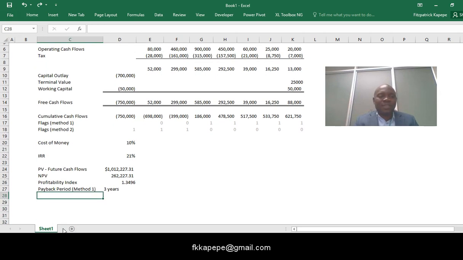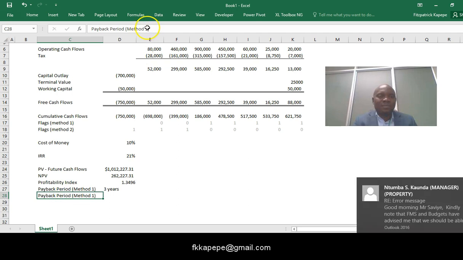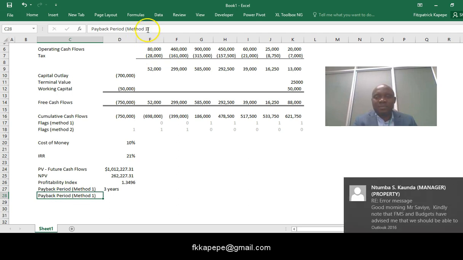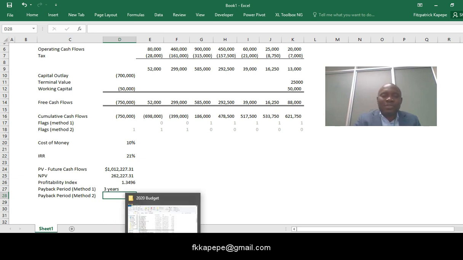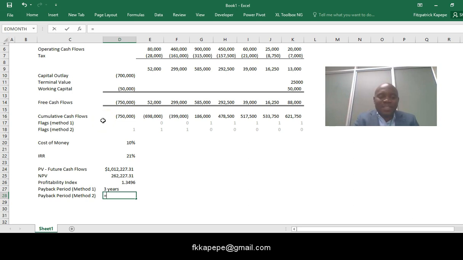So method 2 on payback period. All you do is say equals sum.